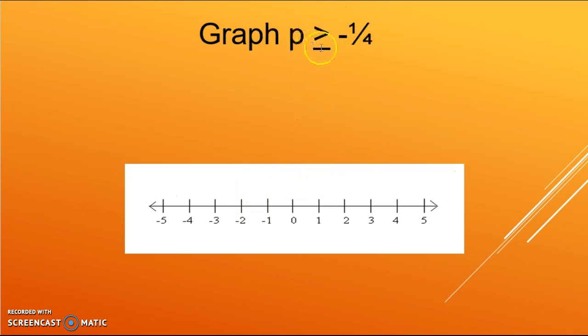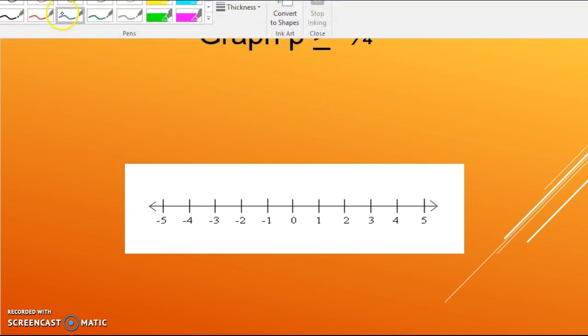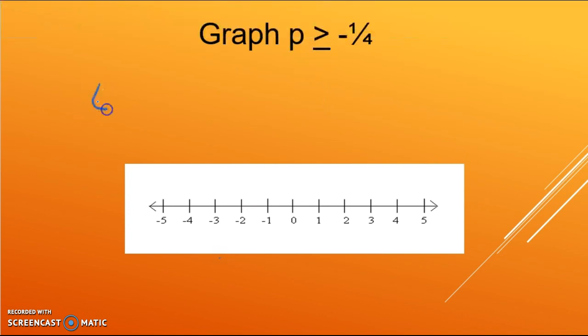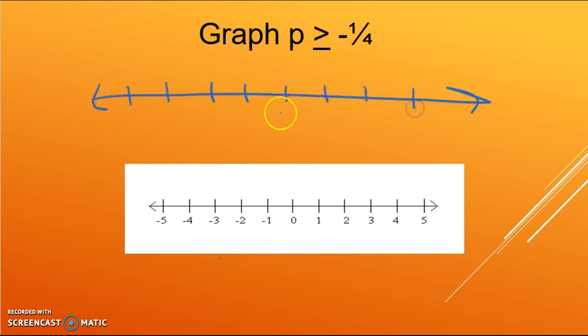Next one here, we have p is greater than or equal to negative 1/4. Go ahead and make my graph here, and put 8 or so tick marks. Put negative 1/4 in the middle. Now I'm going to go up and down by fourths. So I would have 0, then positive 1/4, then 2/4, which is the same thing as 1/2.